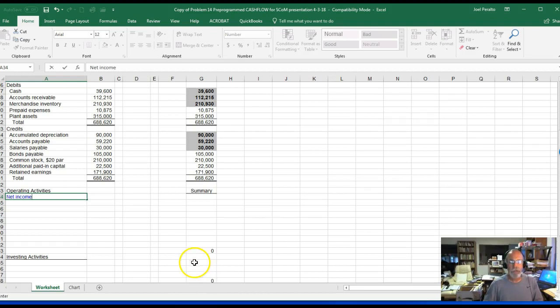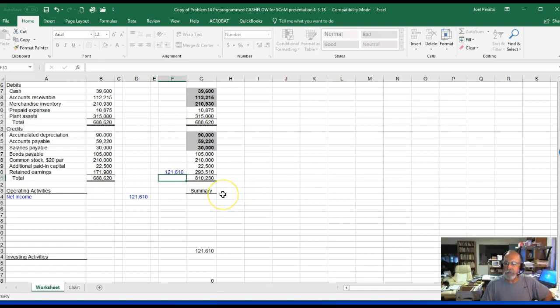And so our net income is 121,610, and our net income on the balance sheet becomes part of retained earnings through the closing process as a credit.